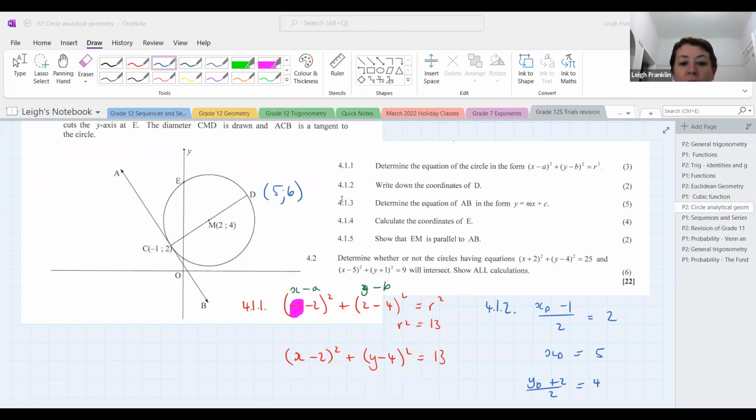Okay, good stuff. Now 4.1.3, determine the equation of AB in the form y equals mx plus c. I'll let you guys do that question as well on your own.